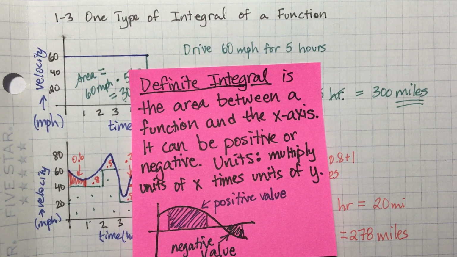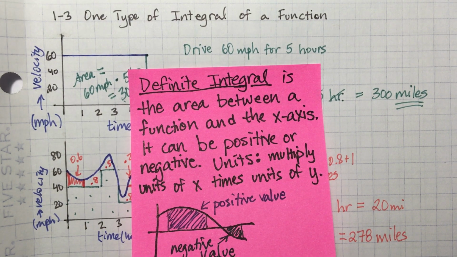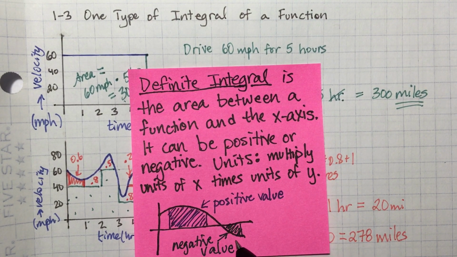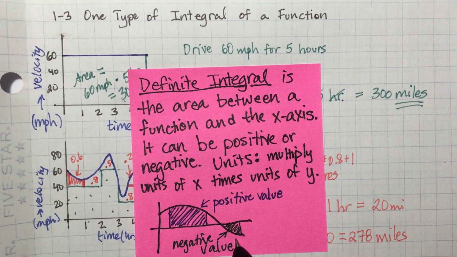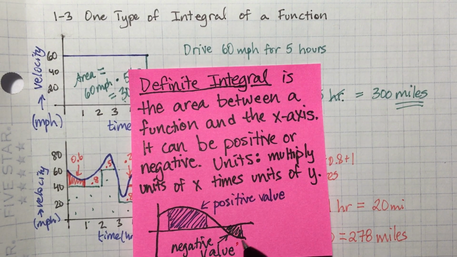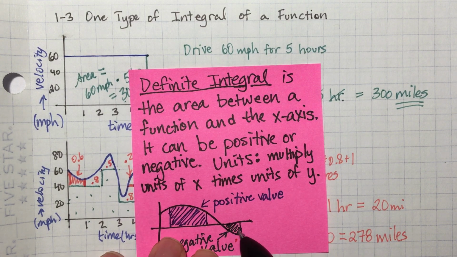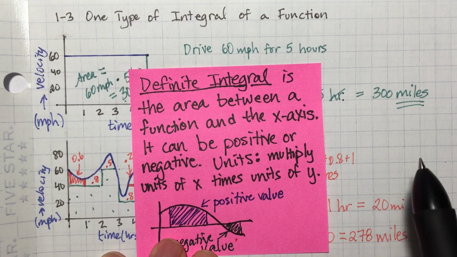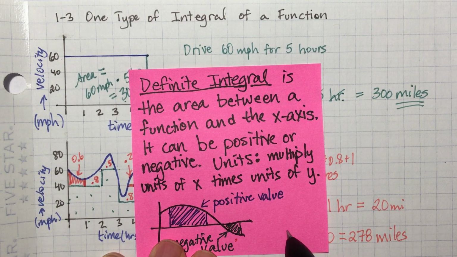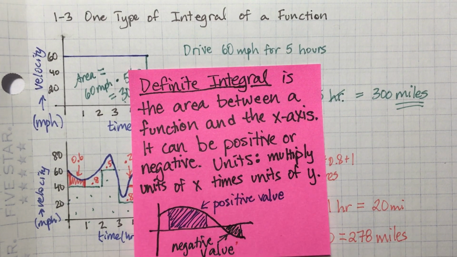It can actually be positive or negative, which is a little weird. We find our units by multiplying our x units times our y units. And then I drew a little picture to show what a negative value for an integral would be if you're below the x-axis. Because if you think about it, you have negative y values. And so if you have a negative y times a positive x, that's a negative.